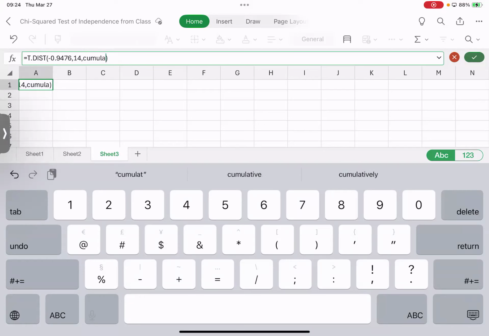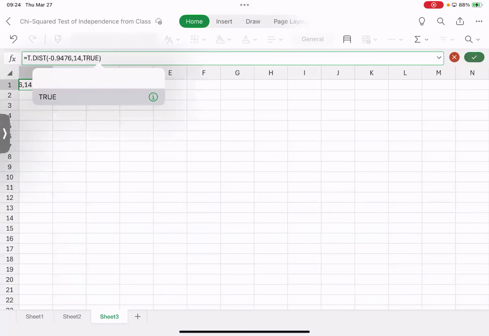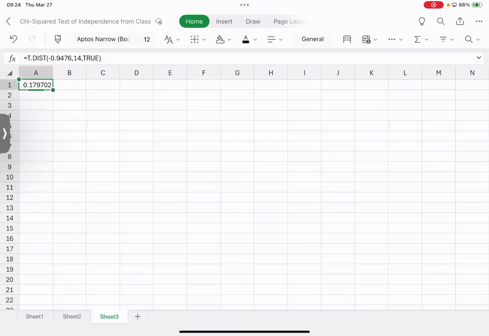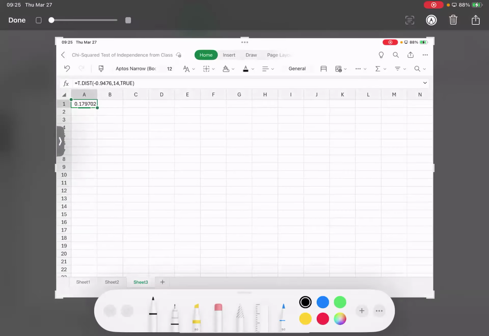So here, this is going to be true. Enter. Go. I'll take a screenshot, which may be loud or may not be. Just tiny this time.